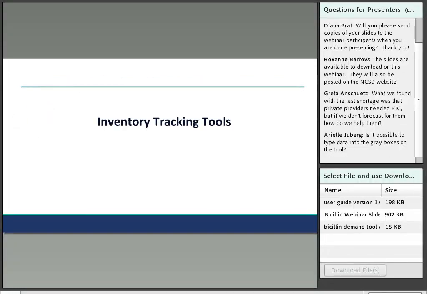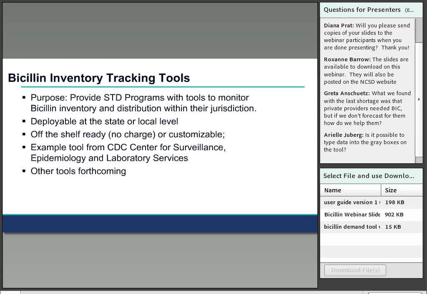Okay, so the next section we want to talk about is what tools are available out there to track inventory, both quantity and where it's located. We've been looking at this for a while. One of the things we looked at fairly early on was that CDC had developed some tools primarily in response to emergency preparedness and disaster work, to provide local health departments and local organizations tools where they could keep track of supplies that they were handing out.